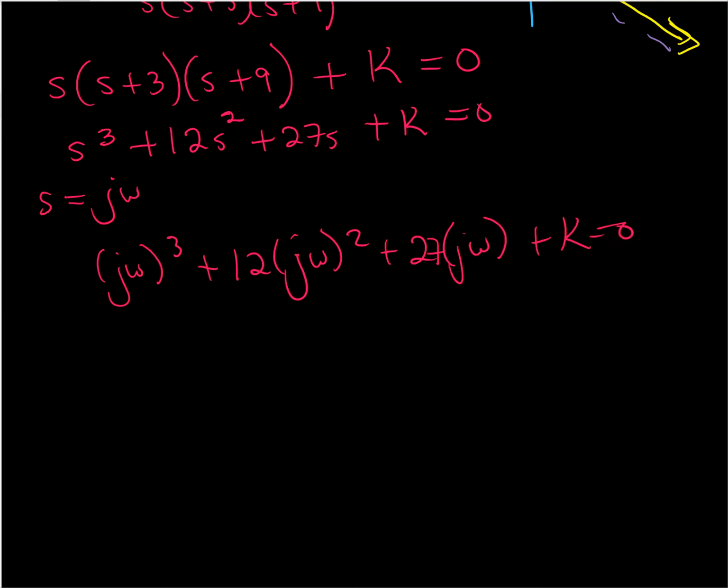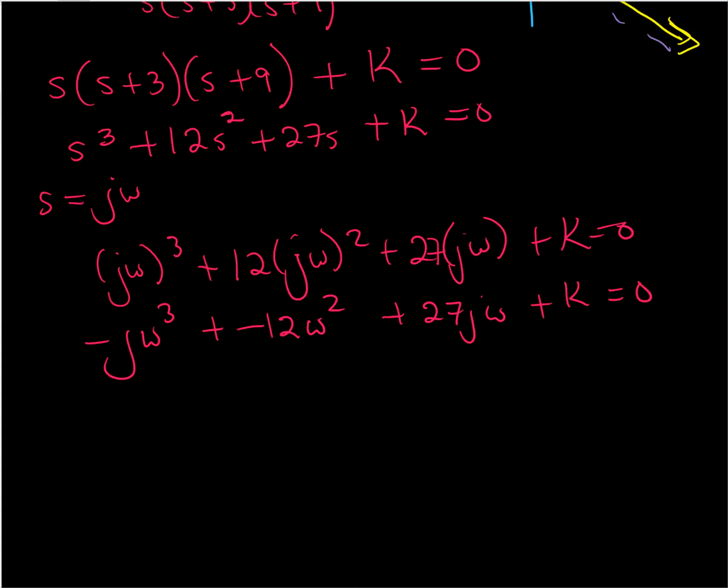Now j cubed is equal to minus j, so I'm going to get minus j omega cubed, plus j squared is minus 1, so minus 12 omega squared plus 27j omega plus k equals 0.